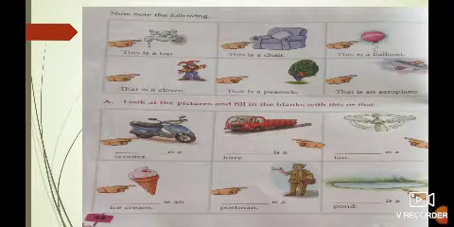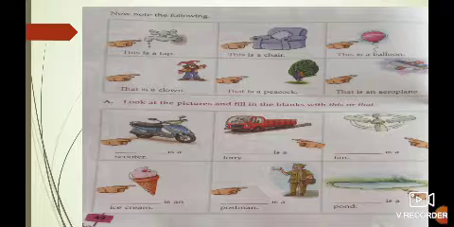Now see, some examples are there. Whatever things are near to us, we will say this. This is a tap. This is a chair. This is a balloon.